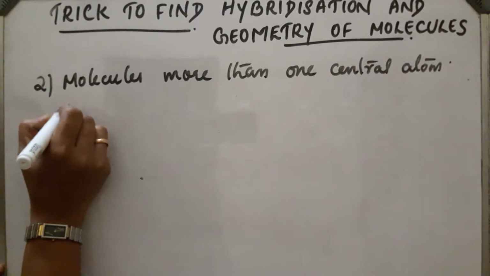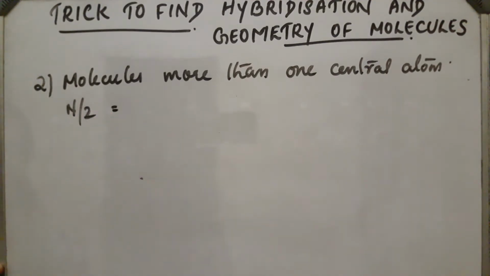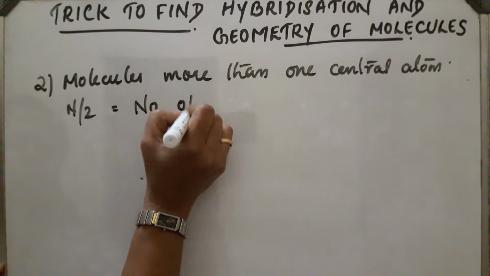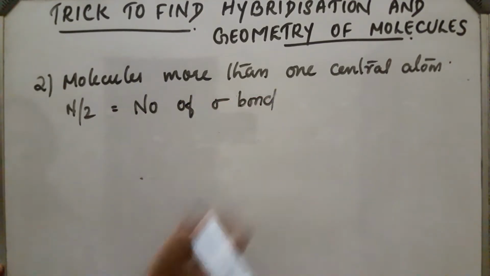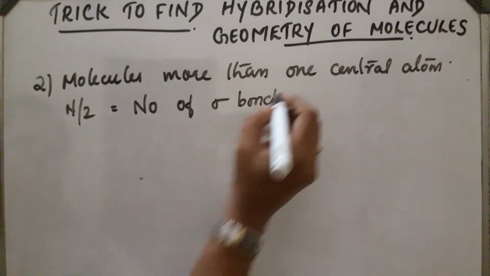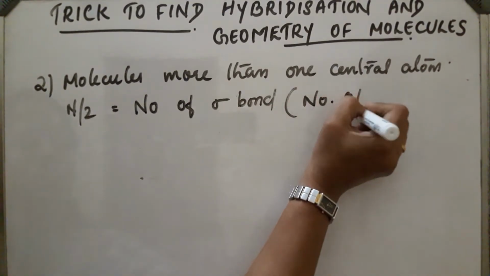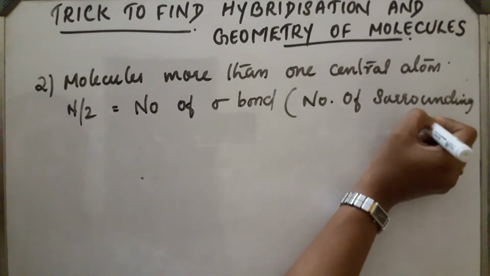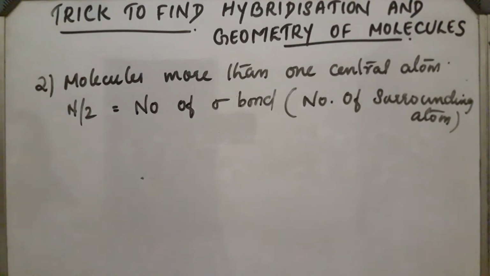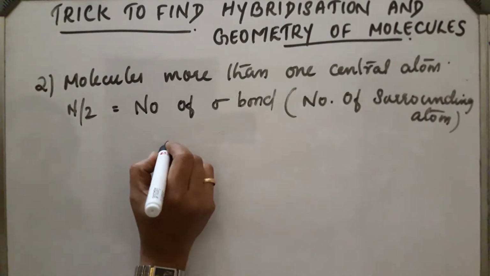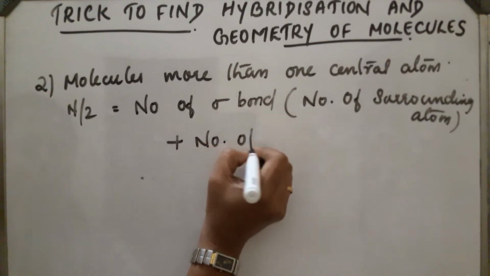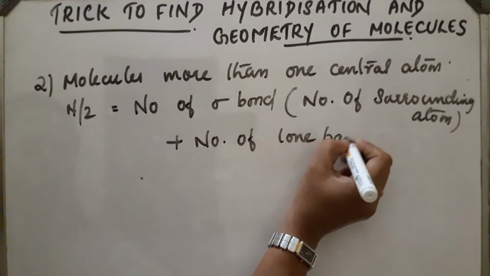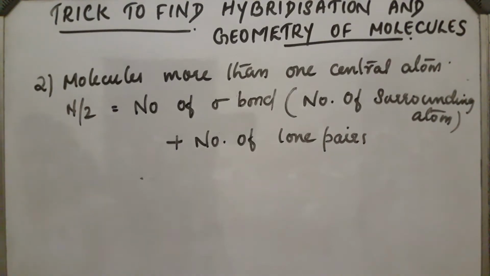That is, n by 2 is equal to the number of sigma bonds present, or we can say the number of surrounding atoms, since a surrounding atom gives a sigma bond, plus the number of lone pairs of electrons. This is another formula. Here first we have to find n by 2.